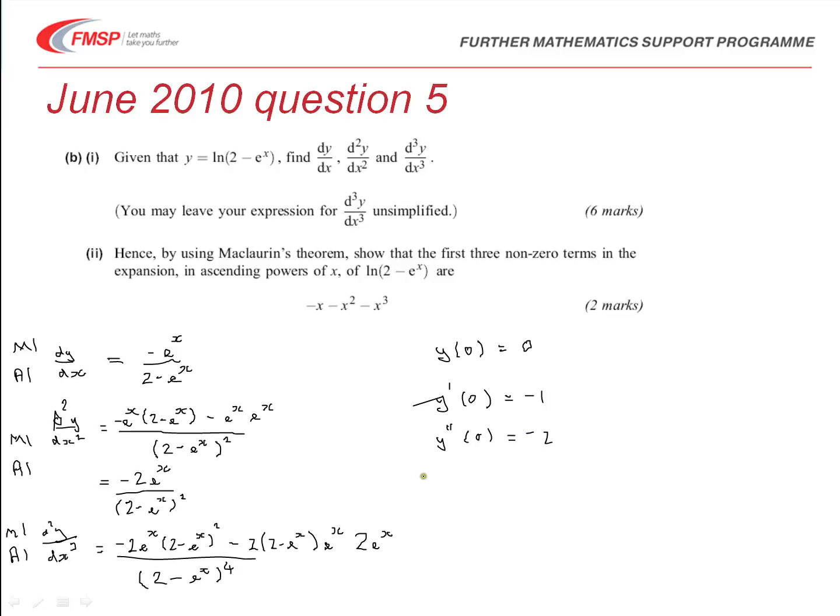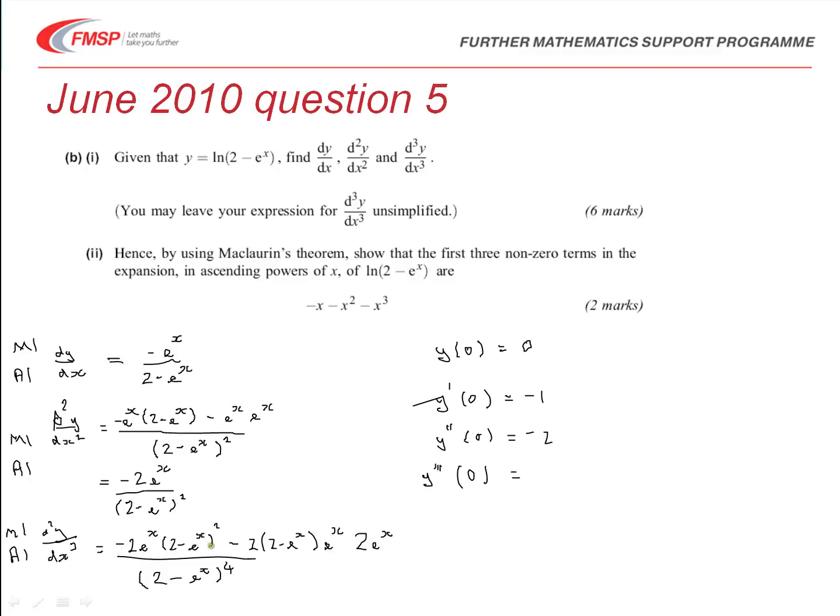And then finally, the third differential, evaluated at 0. Again, we've got 2 minus 1 when it's the e to the naught here, and that's 1 and that's 1. Here you've got 2 minus 1 squared, so that's just 1 and that's a 1.